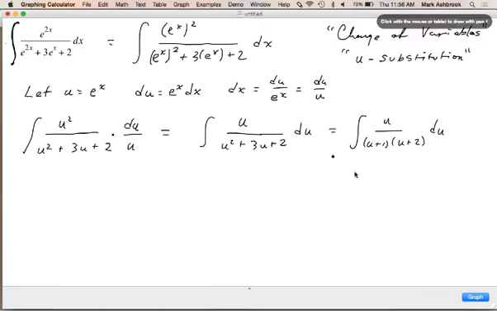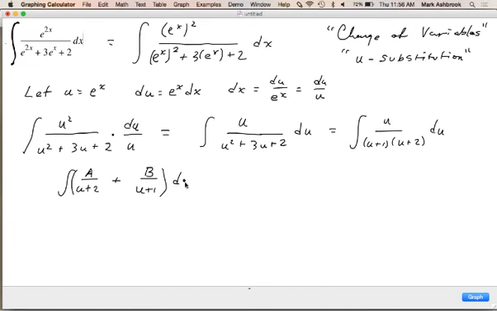Partial fractions. So we can say this is equivalent to a over u plus 2 plus b over u plus 1, and this is a super easy one, much like your quiz, so I'm just going to write down the answer. A is 2, and b is negative 1.